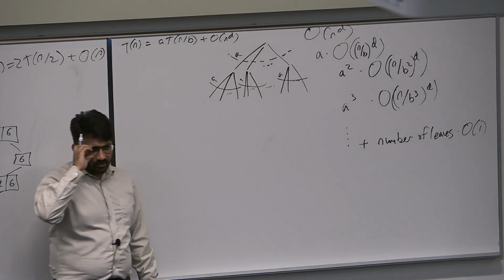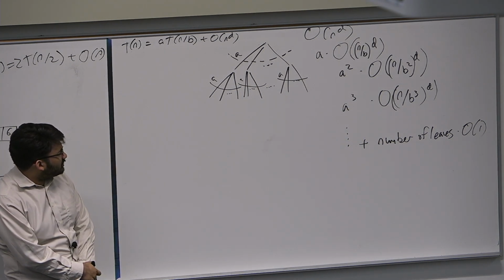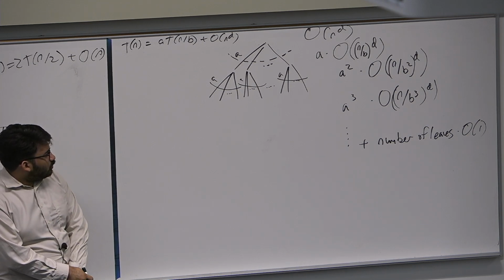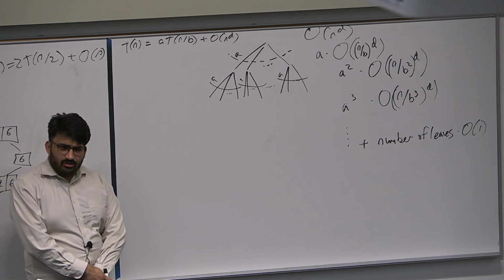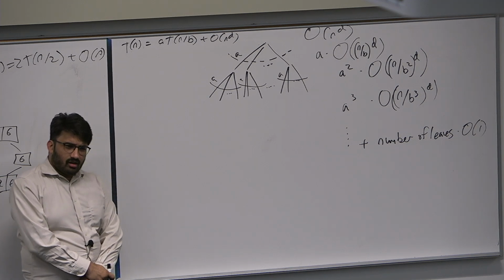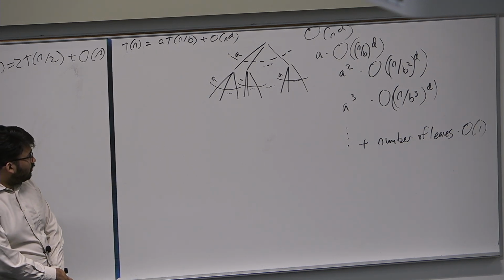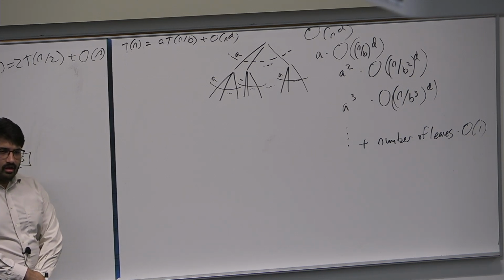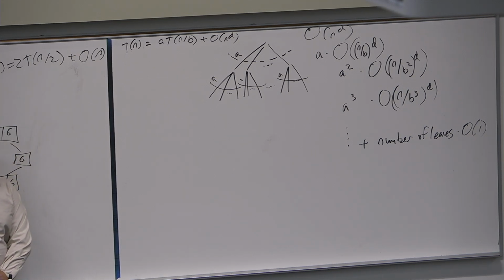How many leaves are there in such a tree? This is a difficult question. Well, we need to know the depth of the tree. In a binary tree, if you have depth k, how many leaves do you have?